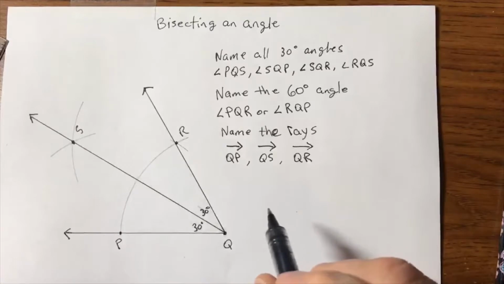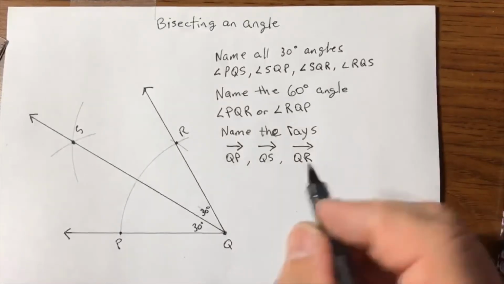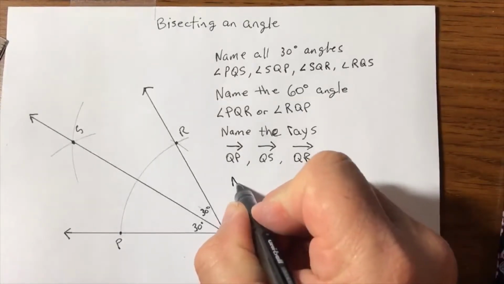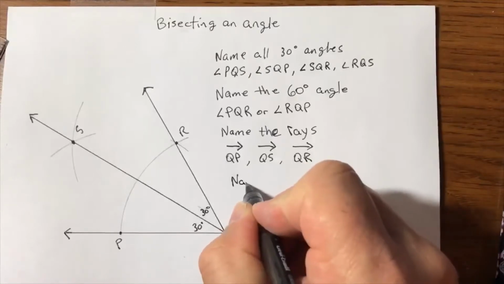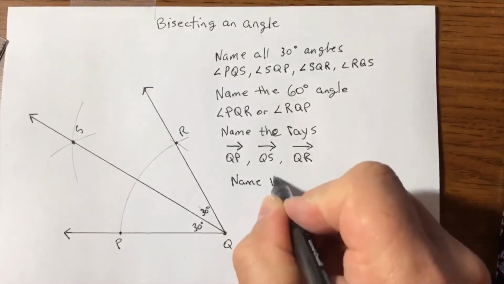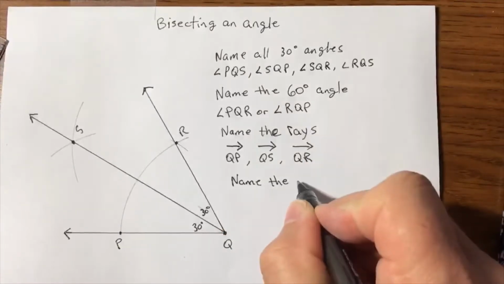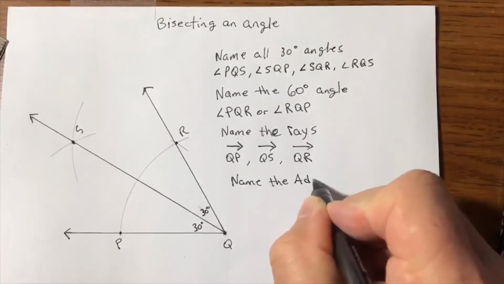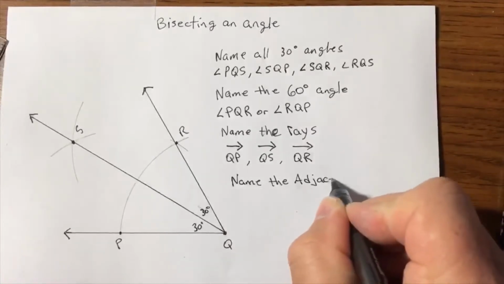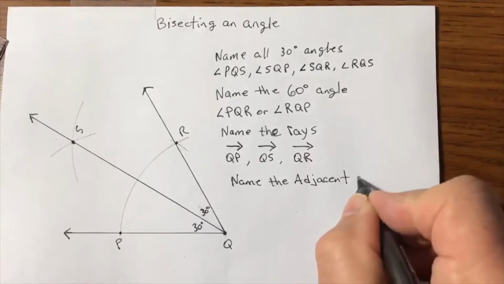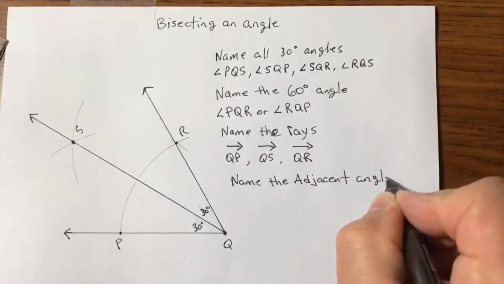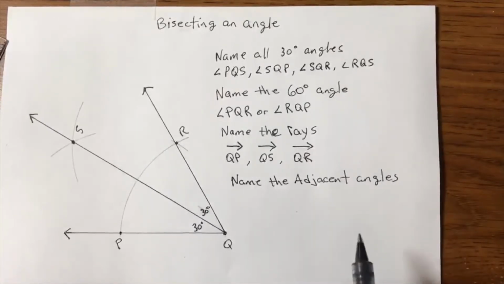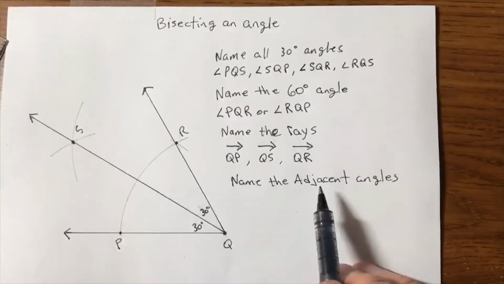Okay, and now let's name adjacent angles. Name the adjacent angles. Let's use capital A, adjacent angles. Okay, remember, adjacent angles.